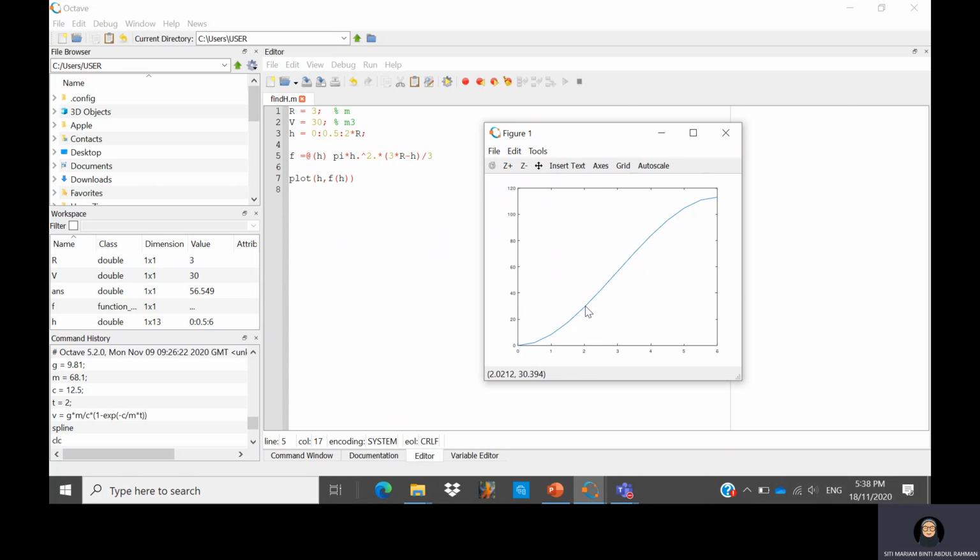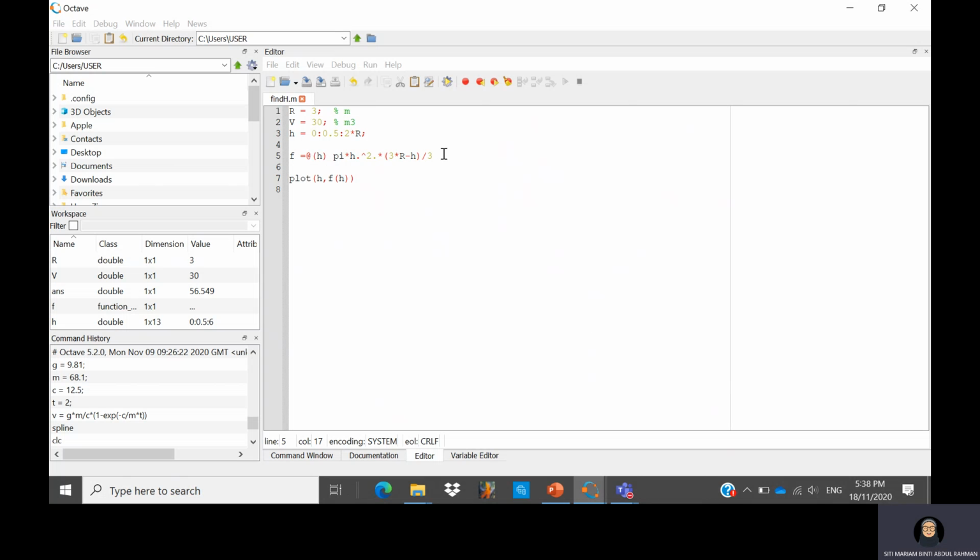But if you want to use a root finding method, the function has to cross the x-axis. So the value here must cross the x-axis. What you can do is subtract the value of the volume so that the whole graph will be shifted down.